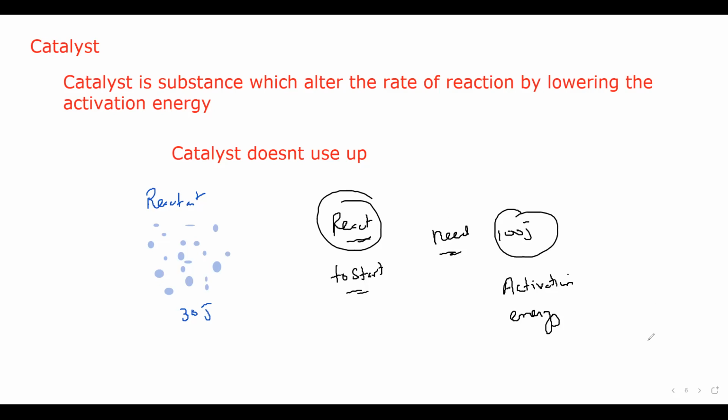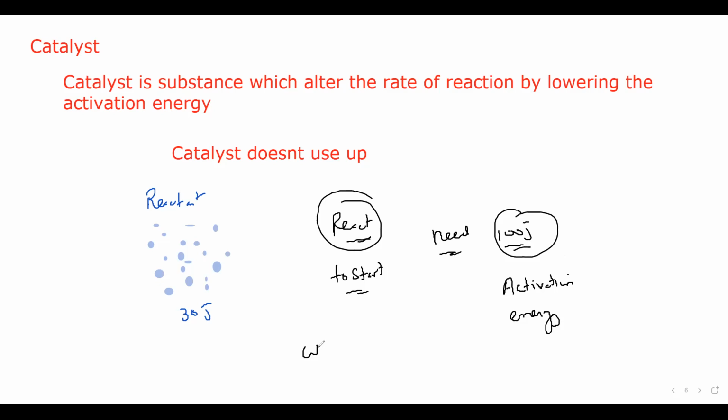So what is a catalyst? A catalyst is a substance. It can be a solid, liquid, or gas. Normally catalysts are solids or liquids, not gas. So a catalyst is a substance or a chemical which lowers the activation energy. For example, without a catalyst, it needs 100 joules of energy.